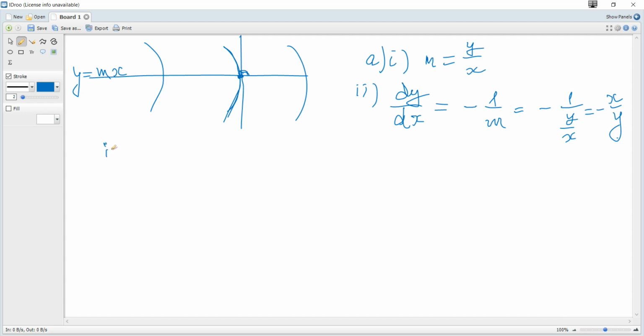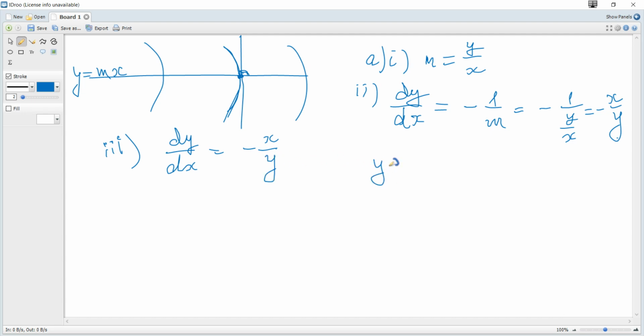And the next: by solving the differential equation, show that the family of curves C has equation x squared plus y squared is k, where k is a parameter, 2 marks. So we need just to solve this differential equation, and we can see that we can solve it easily by what? Separating variables.